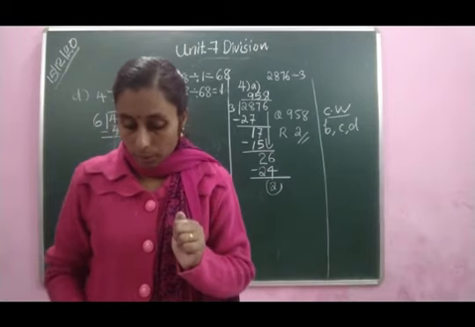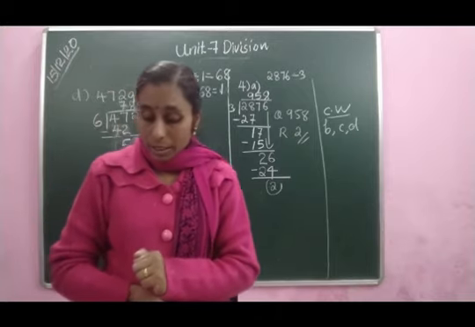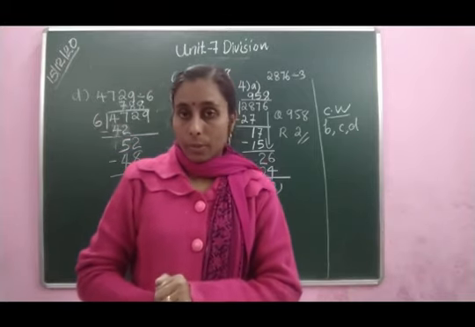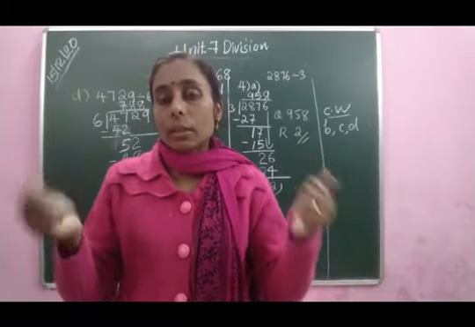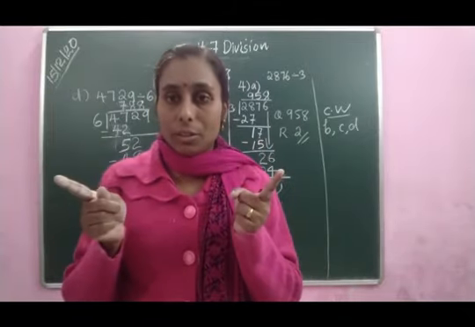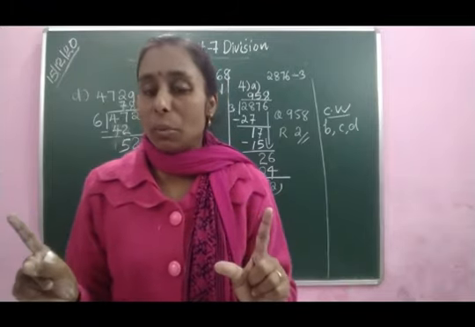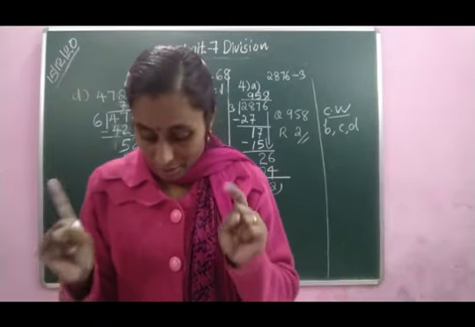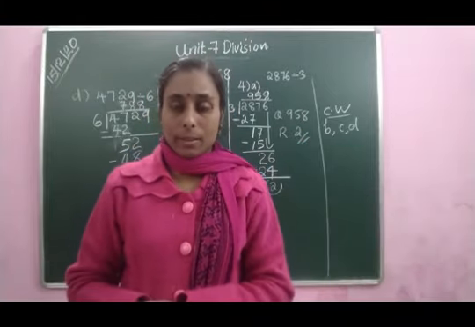Okay. Next one. When the dividend is 0, the quotient is also 0. That means we cannot divide anything. If something is not with you, we cannot divide it. Division means dividing into equal parts.